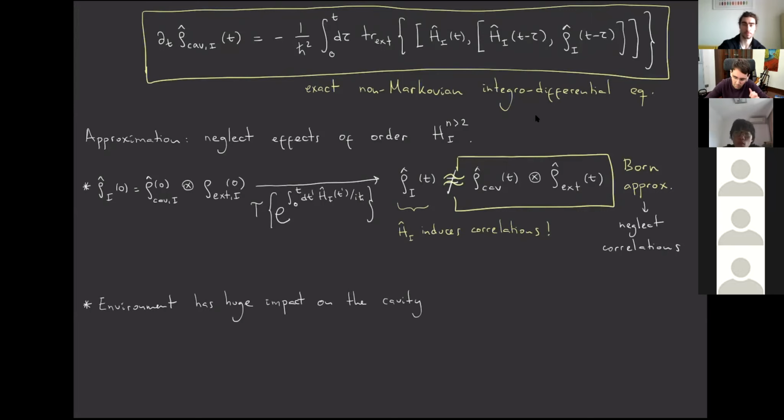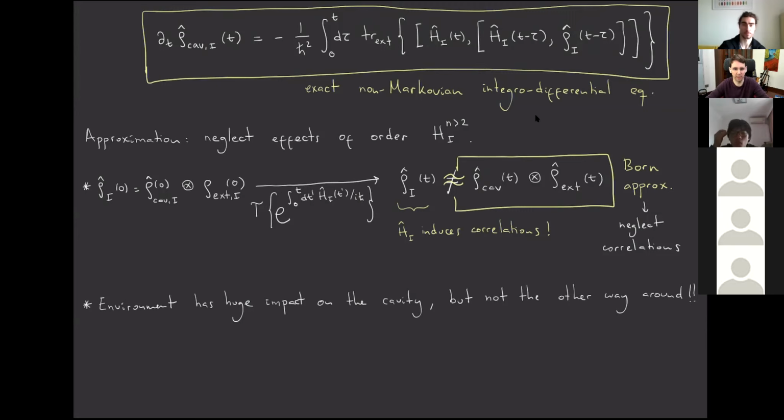Okay? But, and here comes the approximation or the motivation for the approximation, the converse is not true, so not the other way around. Okay, and let me explain this in a bit more detail.